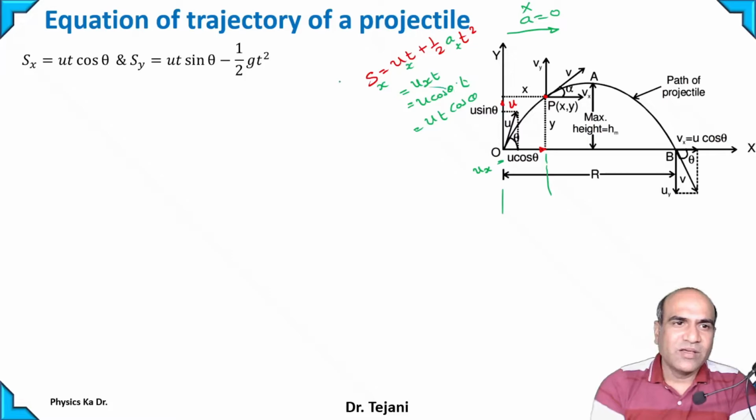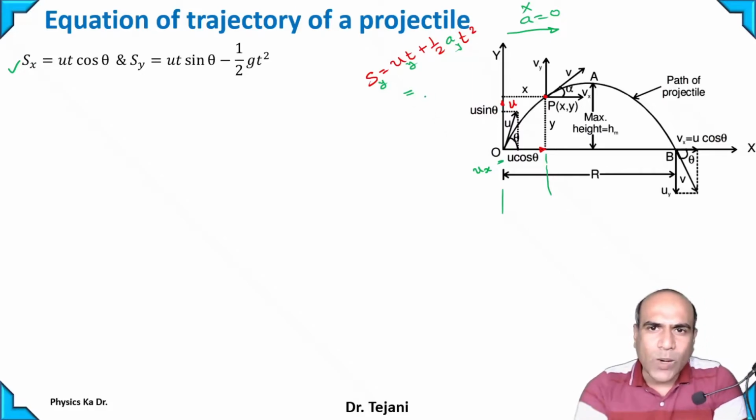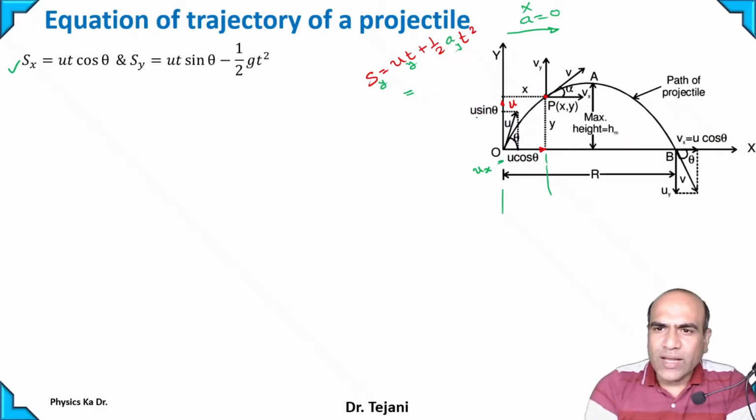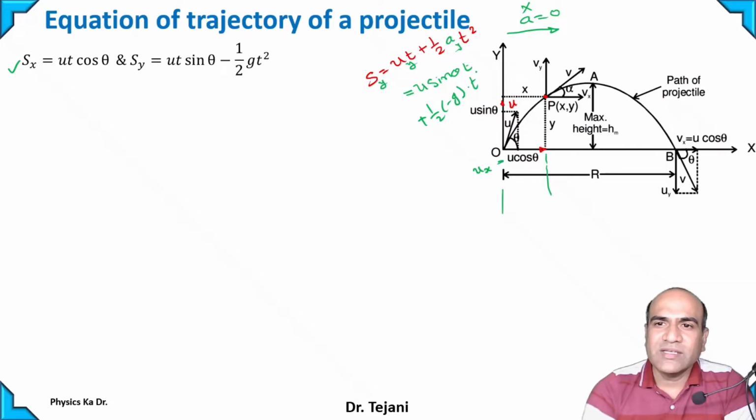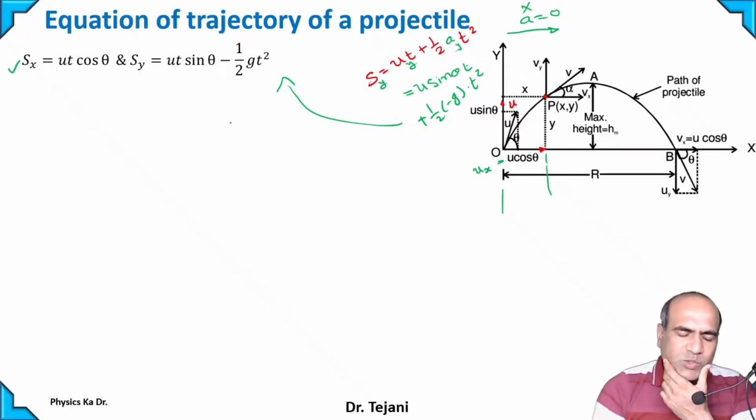Similarly for the y, Sy, that means y component uy, becomes u sin theta t minus, or you can say plus, 1 half, this becomes minus g, this becomes t square. So Sy is equal to ut sin theta minus 1 half gt square. We have this.